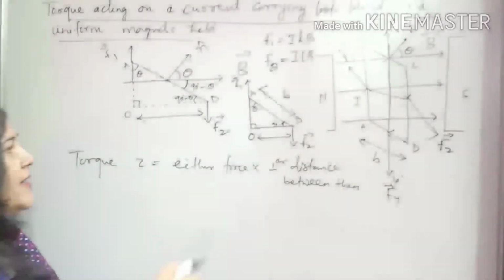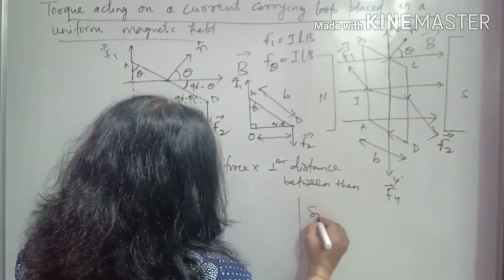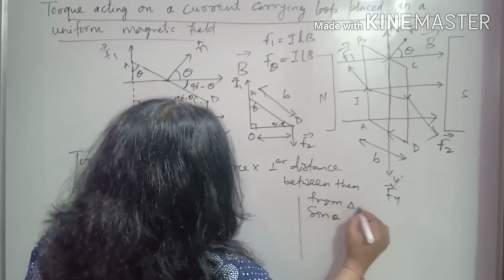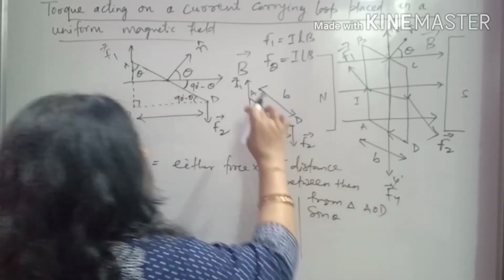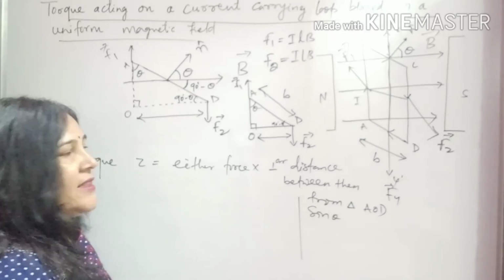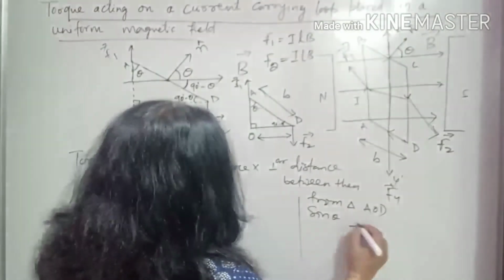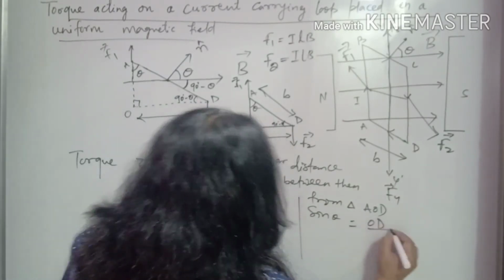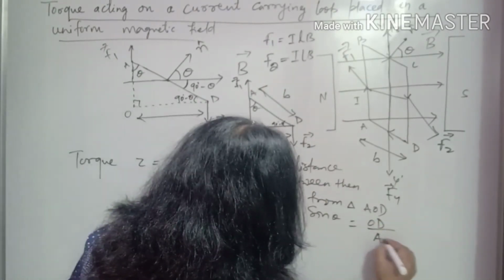Now if I take sine theta, using the right angle triangle AOD, sine theta is perpendicular by hypotenuse. The perpendicular here is OD, so sine theta is OD divided by AD.